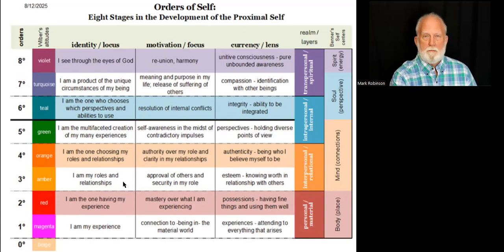Now, most of us, most of the time, are living pretty comfortably at third order. We know what the law is. We can speak the language. There's a whole lot of stuff that arises at third order that gives shape to our culture. But at some point, we begin to say, I've got to find my own path here. I need to find my own way in life.